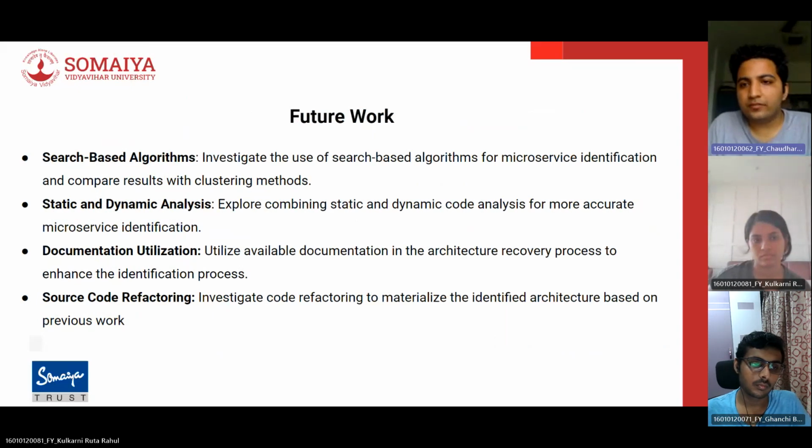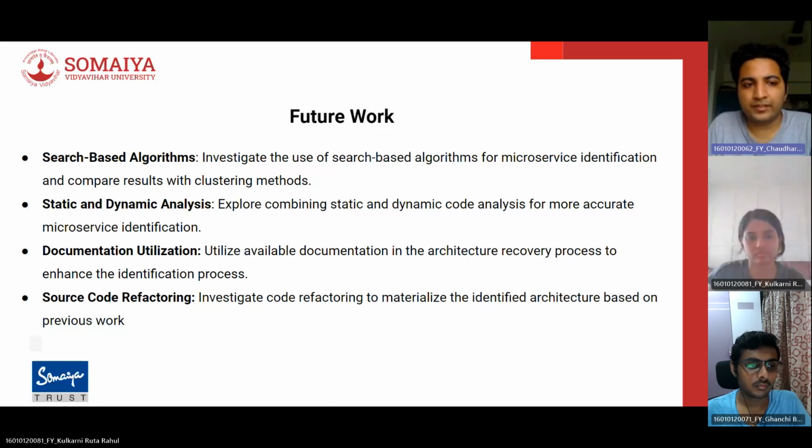Now let us discuss the future work of this paper and what can be developed and innovated further from its conclusions. First, future work includes search-based algorithms: investigating their use for microservice identification and comparing the results with clustering methods.